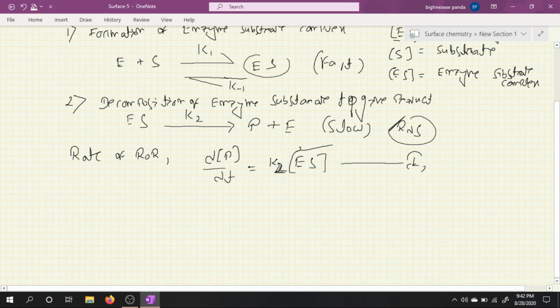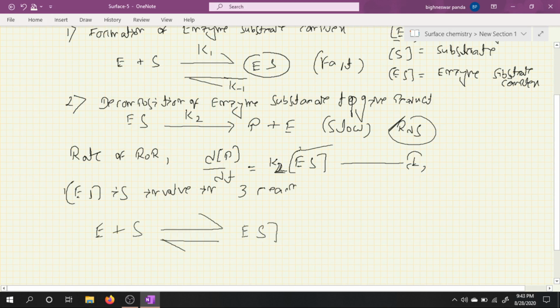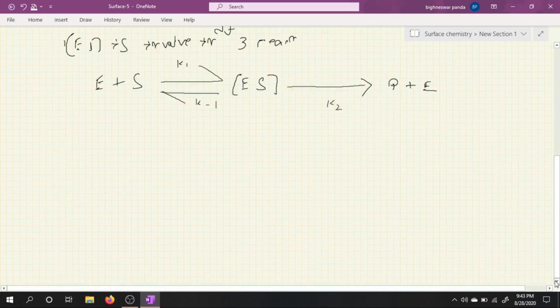Since the enzyme substrate complex is involved in the first reaction, forward and backward, and in the second reaction, that means the enzyme substrate complex is involved in three reactions, that is E plus S in equilibrium with ES, with K1 and K minus 1, and ES going to E plus P with K2.